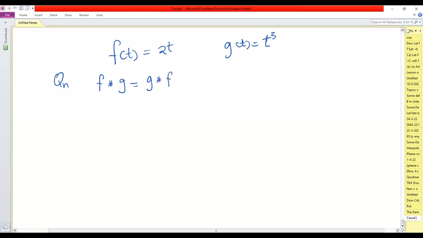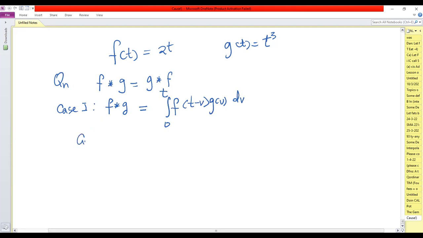So the first thing we have to remember is the definition of the convolution of two functions f and g. So case one: the convolution of f and g, by definition, is given by the integral from 0 to t of f of t minus v times g of v dv.